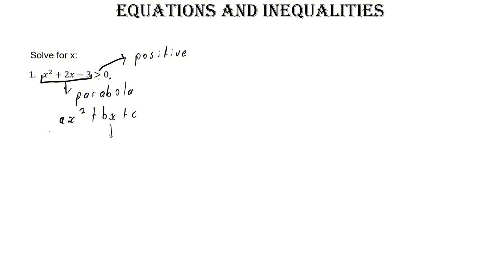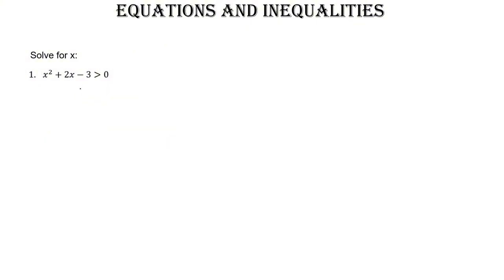But you guys are used to ax squared plus q, right? But in grade 11 as well as in grade 12, you're going to be introduced to this equation over here, which is the standard form for a parabola. So the first thing we should do is to make sure that there's nothing on the right-hand side.